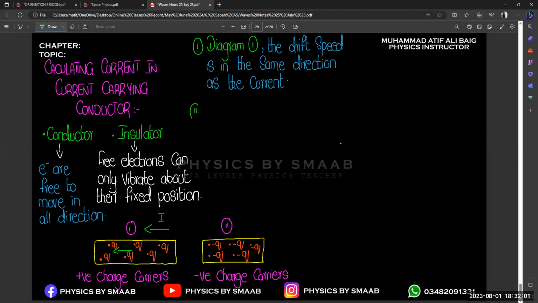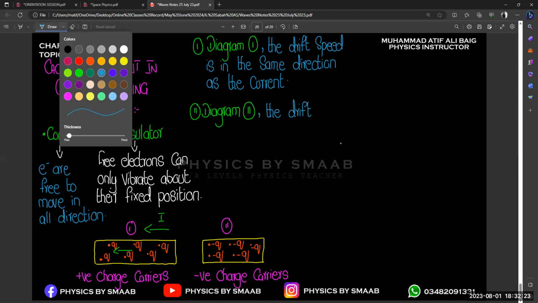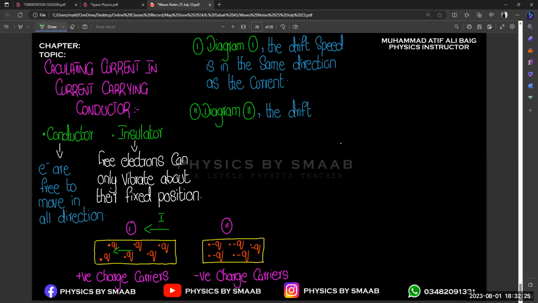Then in diagram number 2, what will be the difference? The direction of current is not marked on that diagram, so again we take the same direction of electric current, from right to left, and these are negative charges. You know that negative charges will always move towards the positive one, right? So these charges are going to move in this direction.